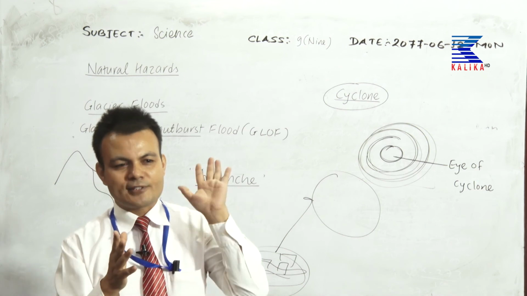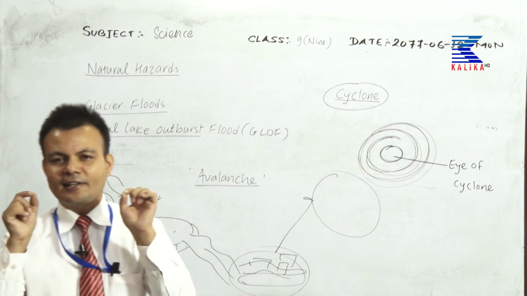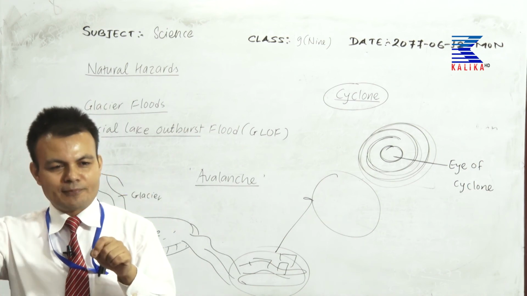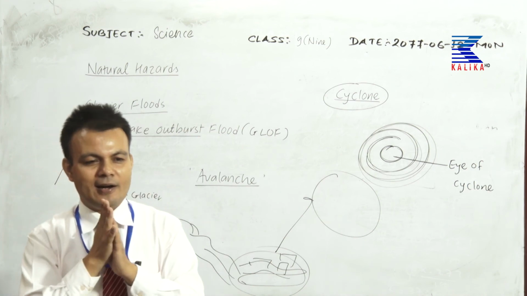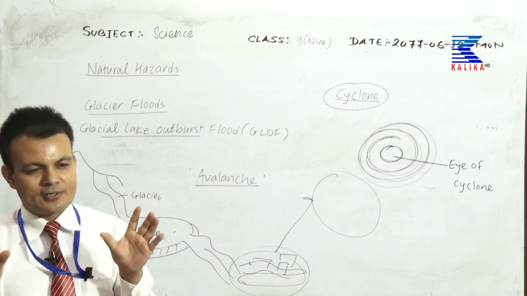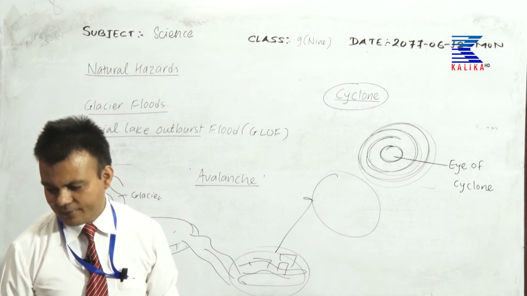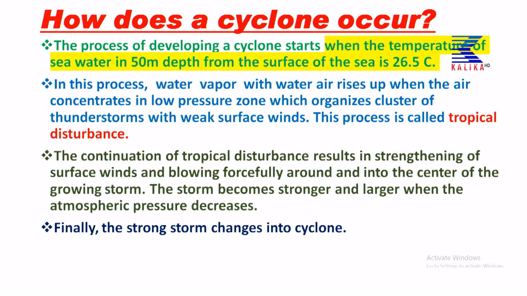It starts to rotate with a speed of 119 km per hour, that may reach up to 250 km per hour, causing a cyclone. It's very interesting. Just have a look at the screen, so you will better understand how a cyclone occurs.